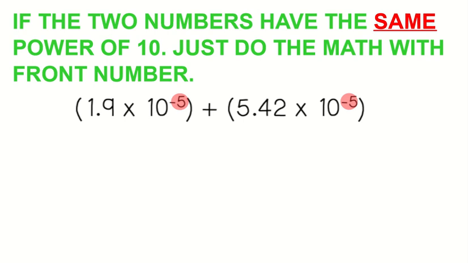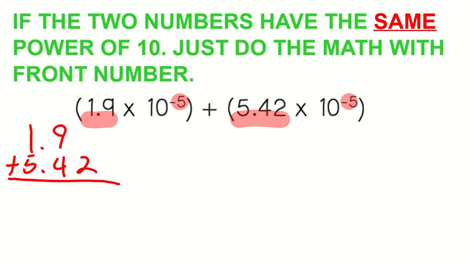So I can add my front numbers, the 1.9 and the 5.42. When you add or subtract with decimals, you got to line up the decimal points. So I got 1.9 plus 5.42. There's that, straight down.